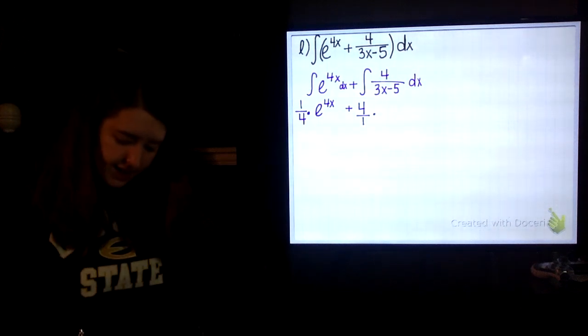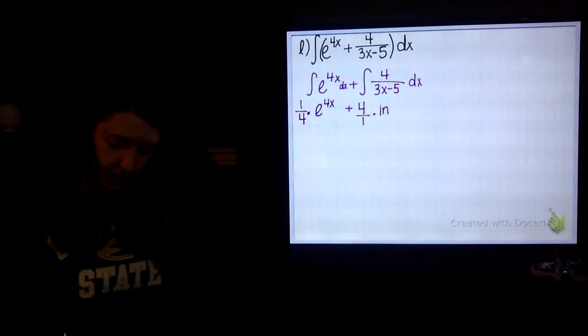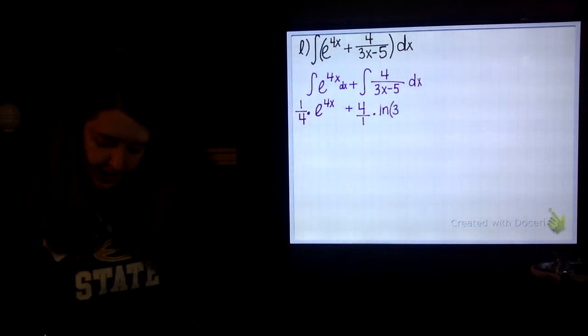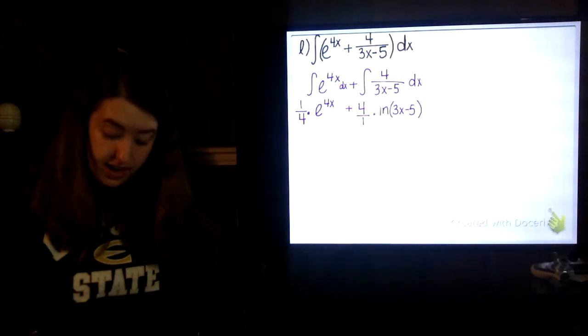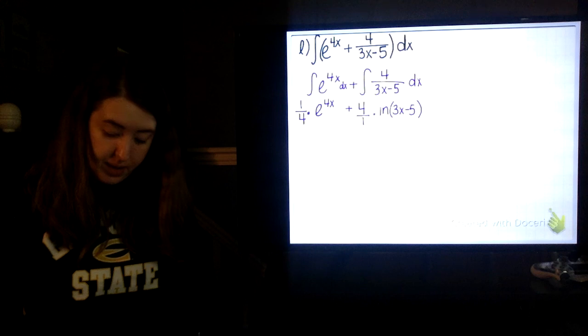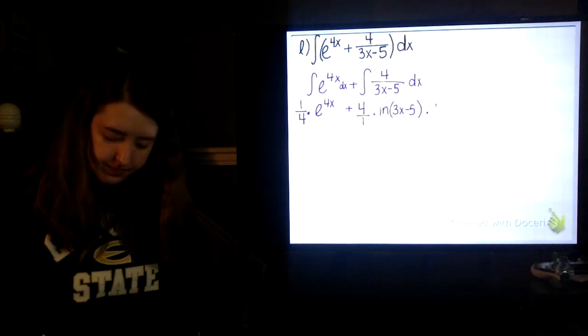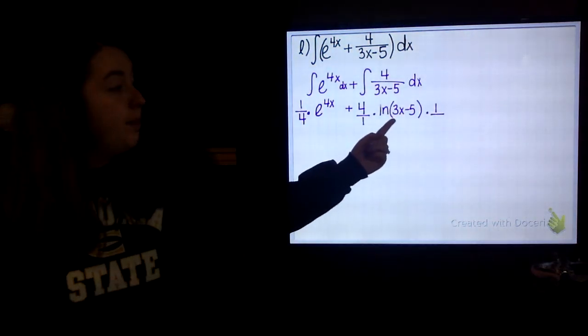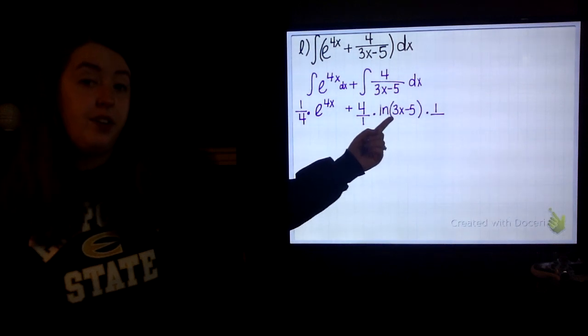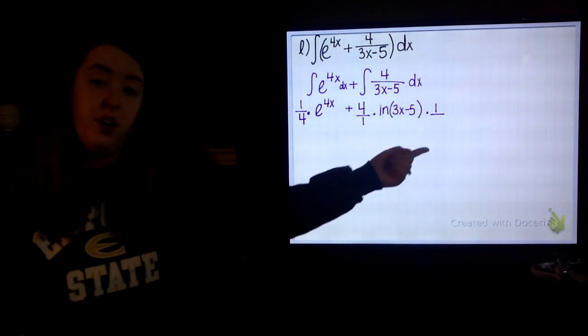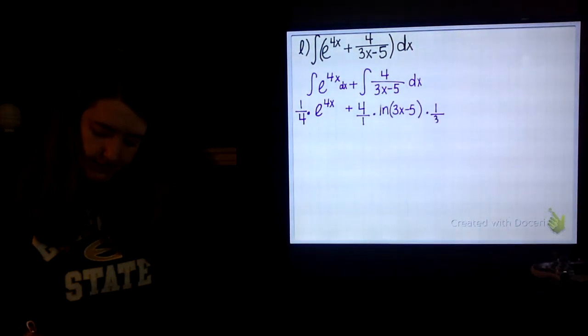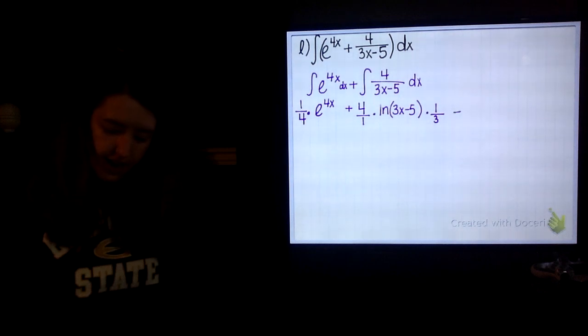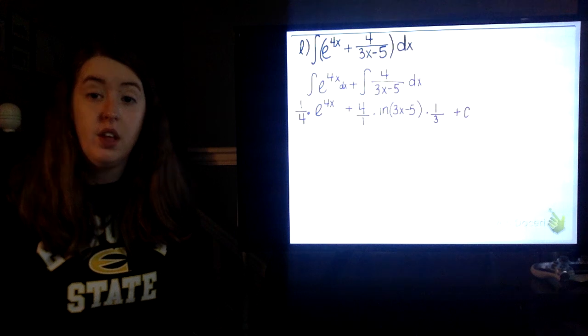So I'm going to have natural log of the stuff on the inside, and then I need to multiply by 1 over my value in front of x. So I need to multiply by 1 over 3.